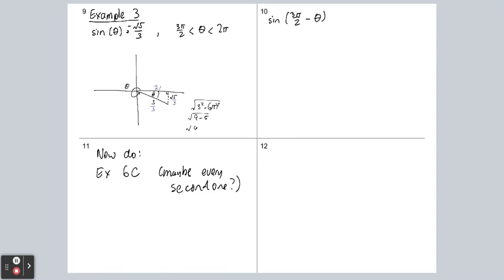So that gives me side lengths of 2/3, root 5 on 3, and 3 on 3, or 1. That makes this coordinate, you don't have to fill it in, but I'm just going to do it for the notes, 2/3 in the positive direction and root 5 on 3 in the negative direction, so negative root 5 on 3. This all matches up exactly with what we would expect, because we were given sine theta is minus root 5 on 3, and we can see there's a y coordinate of minus root 5 on 3.